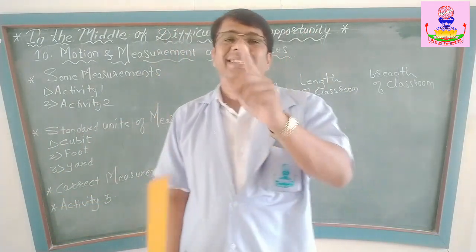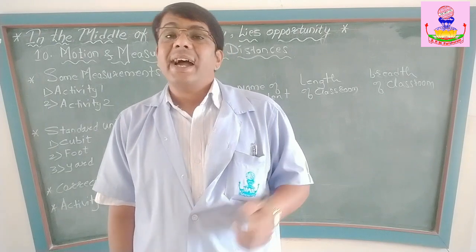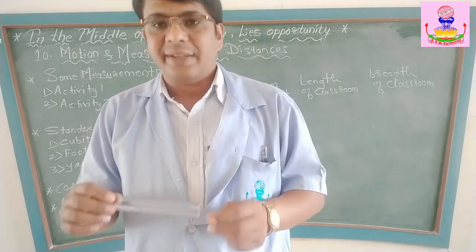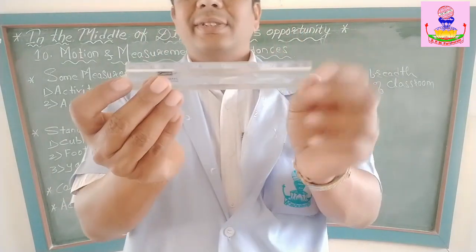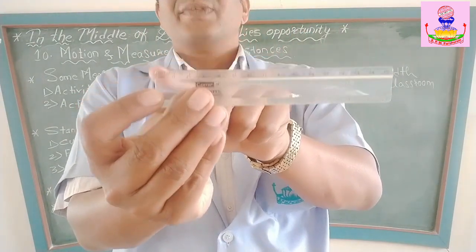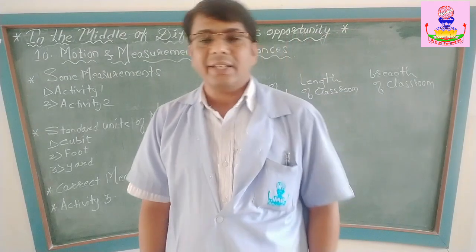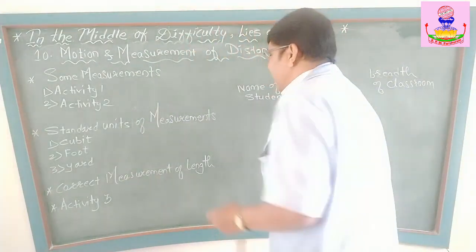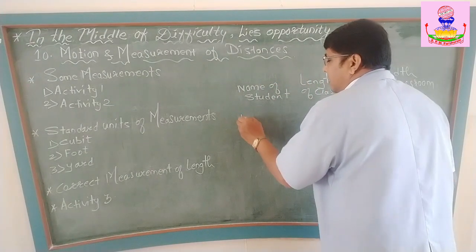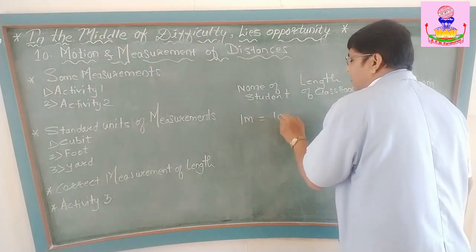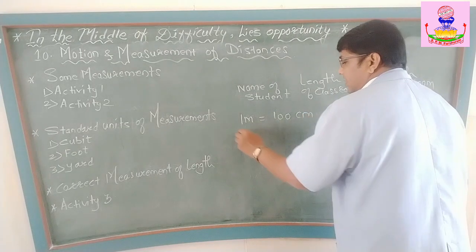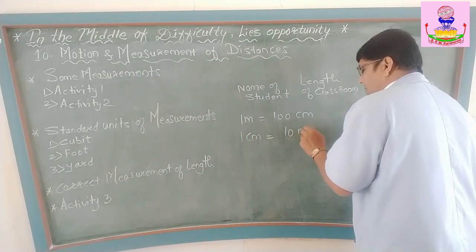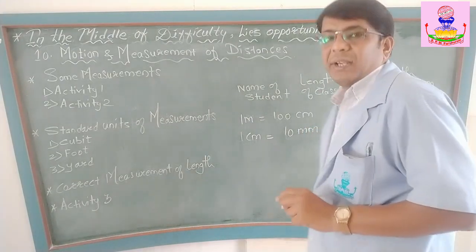Each small division is called a centimeter, and each centimeter is further divided into 10 divisions, you can see here. Each division there is called a millimeter. So here you have 1 meter is equal to 100 centimeters, and 1 centimeter is equal to 10 millimeters.